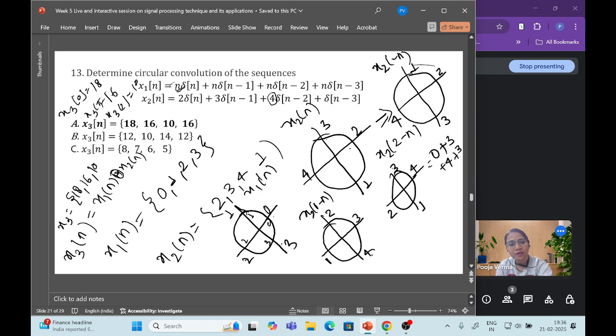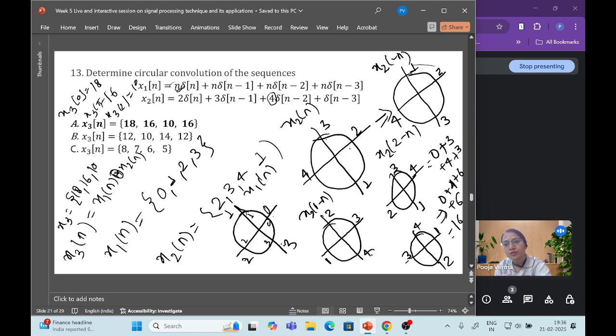Now shift one more place and you will get 1, 4, 3, 2. Again multiply with x1 of n: 1 into 0, 0, plus 1 into 4, 4, plus 3 into 2, 6, plus 3 into 2, 6. So 6 plus 6 is 12, plus 4 is 16. The next value is 16.